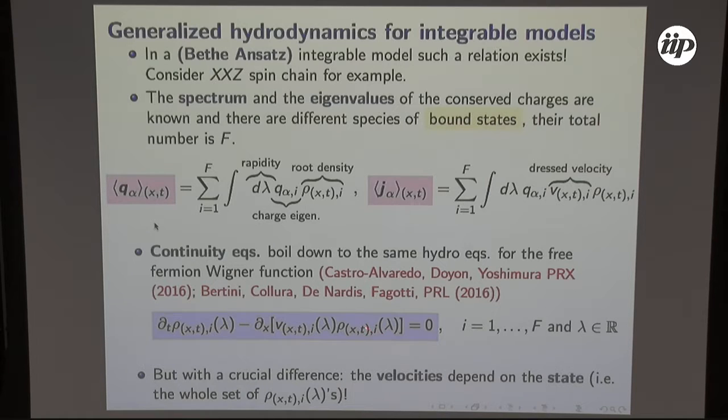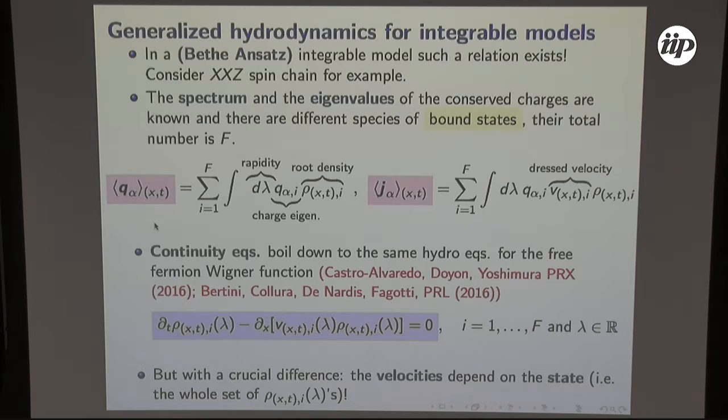The second reason is that even though it doesn't seem that they are coupled, they are coupled because this velocity depends on the rho. So these are essentially a set of nonlinear integral equations. They are differential equations, as you see here, but when you have to solve them, it becomes a set of infinite nonlinear integral equations. So it's a very complicated problem to solve.